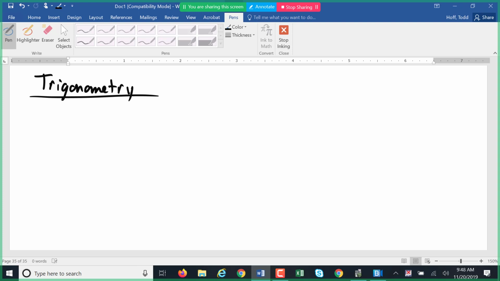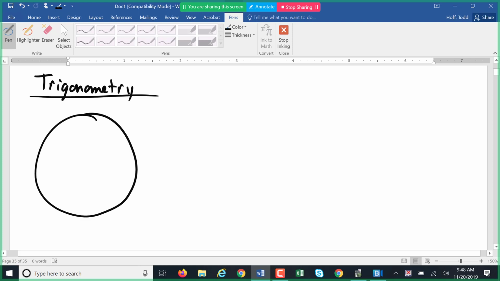Now, there are a lot of identities that come out in trig. To make it clear where those identities come from, I want to go over just briefly some of the very basics of trig. Everybody thinks trigonometry is about triangles, and we apply it to triangles. But trigonometry actually comes from a circle. It's parts of a circle.